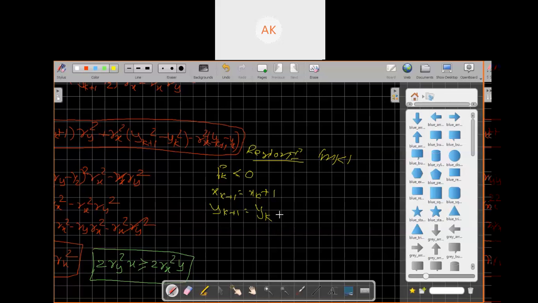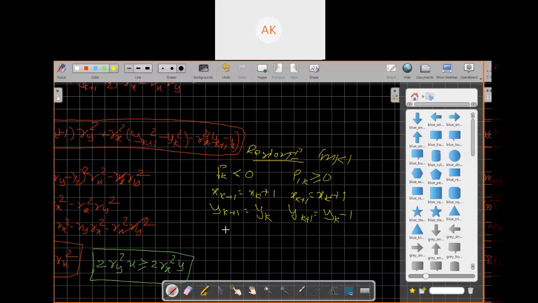yk. Okay, when your decision parameter pk is greater than 0, means outside or on the ellipse, your xk plus 1 will be xk plus 1 and yk plus 1 will be yk minus 1. You are pushing your point inside, just shift to inside. You are outside, your point is outside.